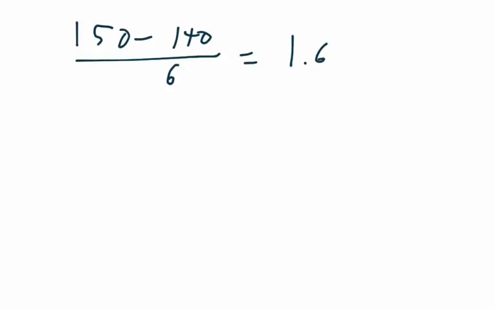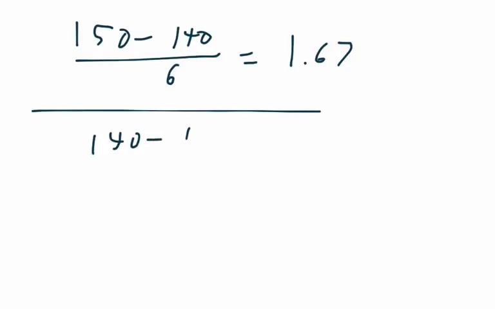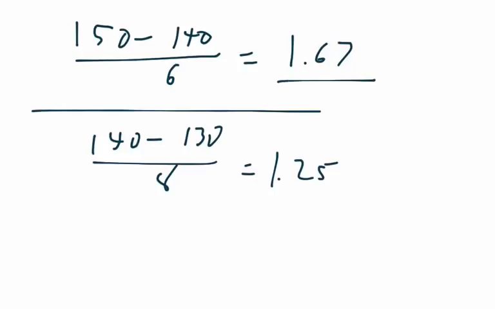That turns out to be 1.67. And 140 minus 130 divided by 8, 10 divided by 8 is 1.25. So who should be more concerned? Well, mine seems to be too high for my age, and high blood pressure is bad, so I should be more concerned.